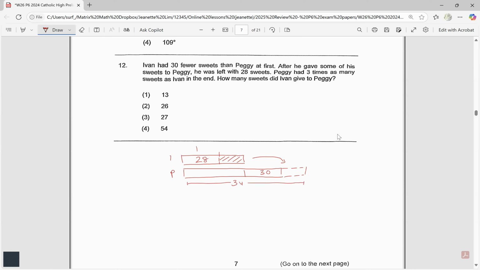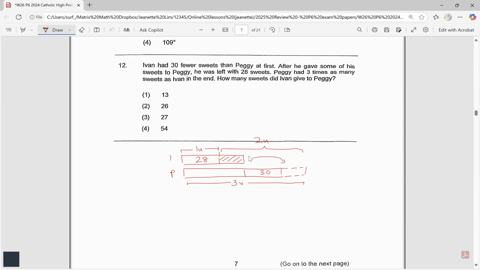And this would be 1 unit. So how many did Ivan give to Peggy? We're basically finding the shaded part. Now we can see that actually 1 unit is 28. So I'm actually interested in this part here, which is 2 units.